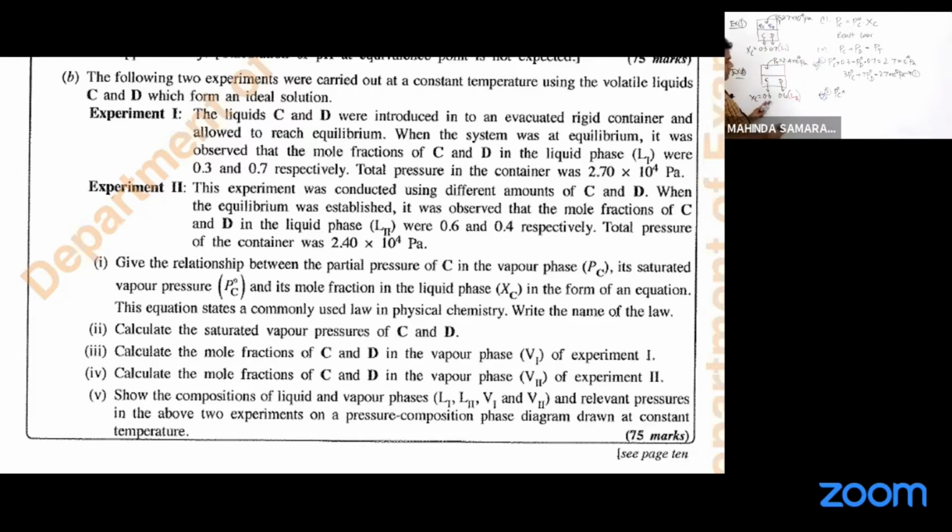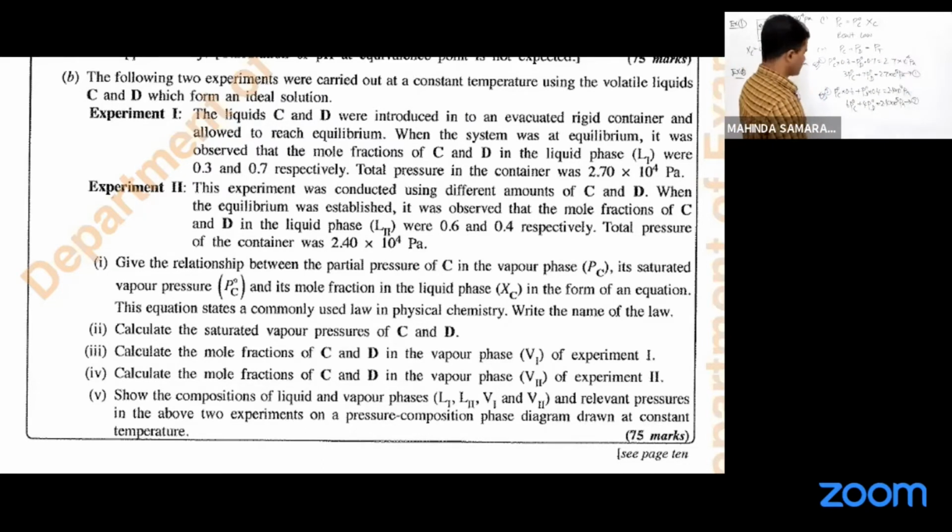But now the mole fraction of C in the liquid phase is 0.6, plus P naught D into 0.4. That's equal to the total pressure, 2.4 into 10 to the power of 4 Pascal. This can be 6 over 10, so 6 P naught C plus 4 P naught D equals 2.4 into 10 to the power of 5 Pascal. This is the second equation. Now you have two unknown parameters and two equations, you can simplify them and find them out.